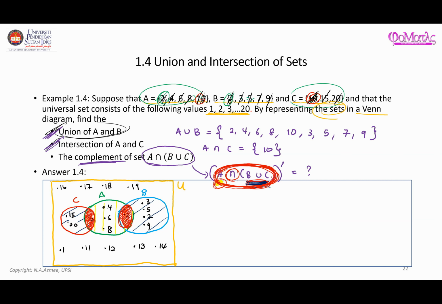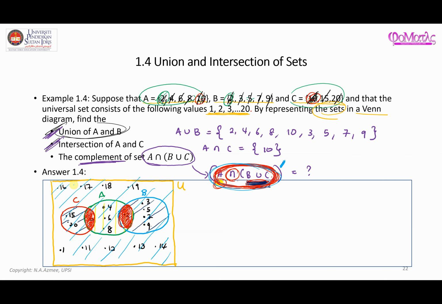Okay, so now the question is not asking you for this value. The question is asking you to find the complementary of the red area. So what is the complementary of a set? The complementary of a set are the elements that are outside the red area. So where are the elements that are outside the red area? So these are all the elements that are outside the red area.